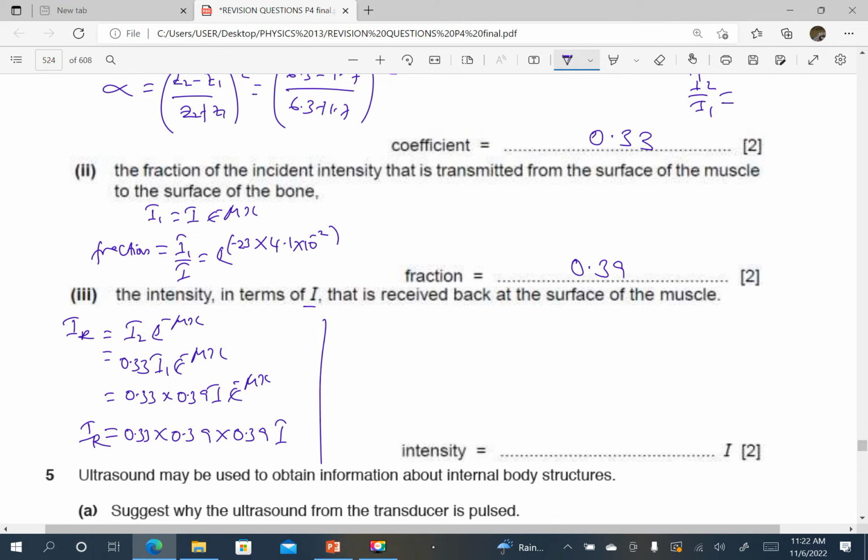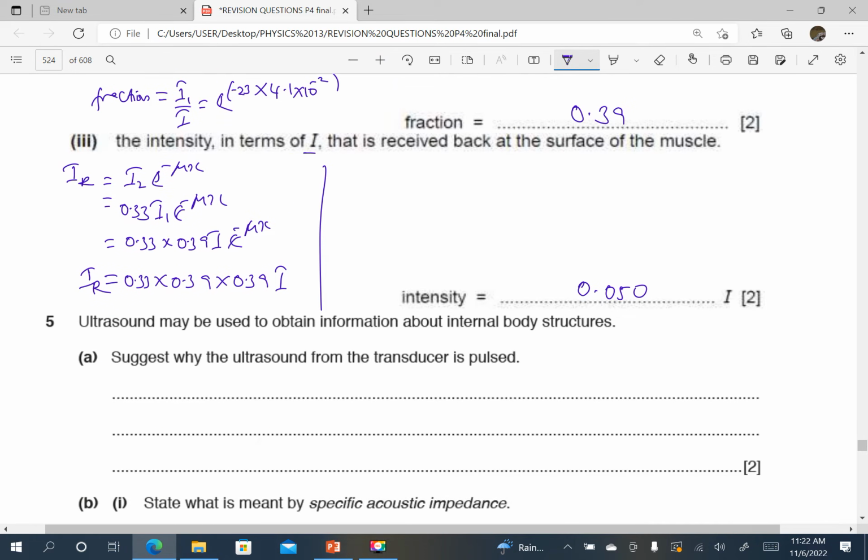So the ratio of the intensity that we will have received is 0.33 times 0.39 times 0.39. So this gives me 0.050 as the ratio. Okay.